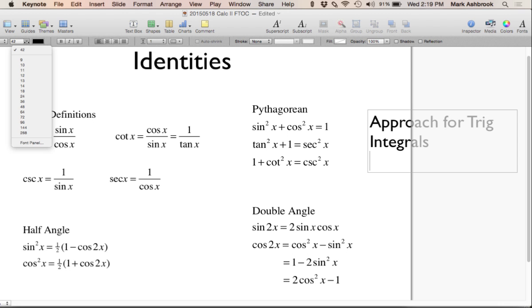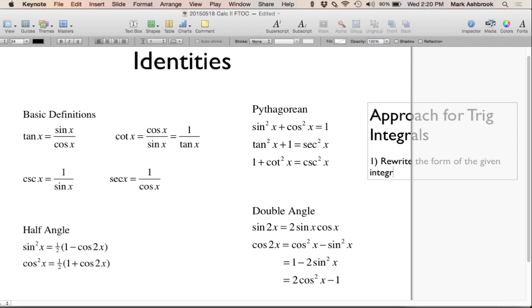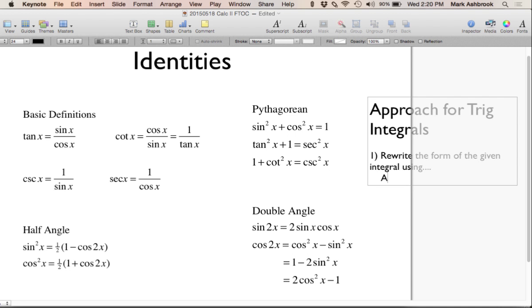Usually what you have to do is rewrite the form of the given integral. And the first thing that's helping you rewrite the form is these identities, right? So you're applying these identities to get the integral in another form.